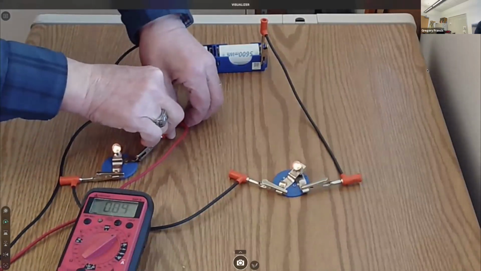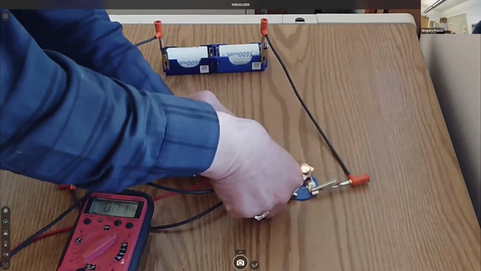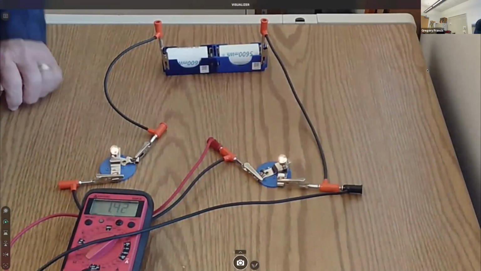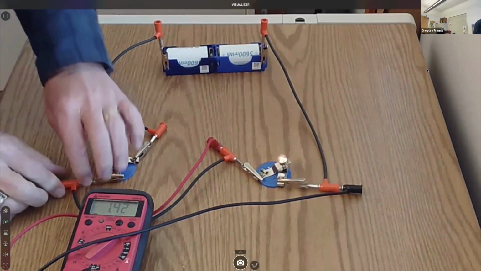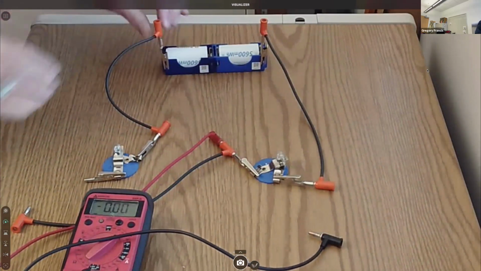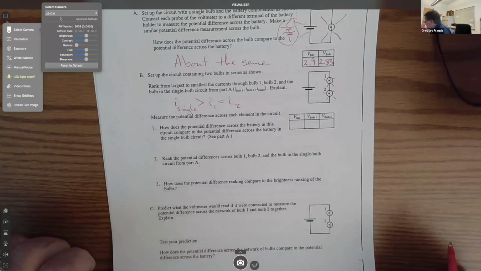If I measure it across the other bulb, I get 1.42.